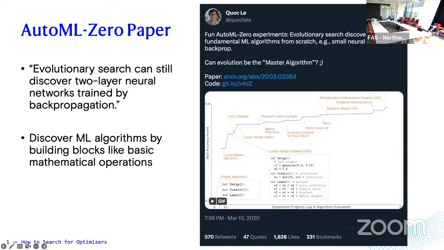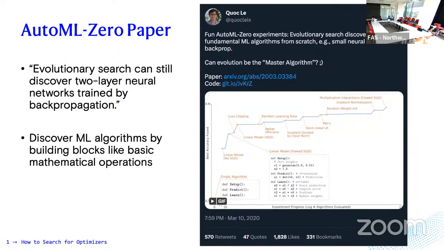If they have basic statements as in a pseudocode, they want to come up with a better method of arranging these mathematical operations to get a working solution. I haven't gone very deep into this paper, but what they say is that through evolutionary search, they can discover a two-layer neural network trained by backpropagation.